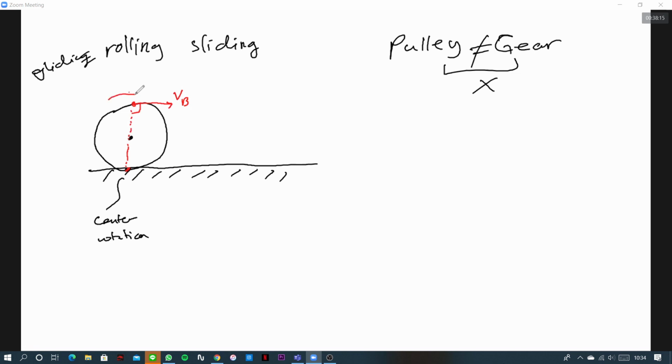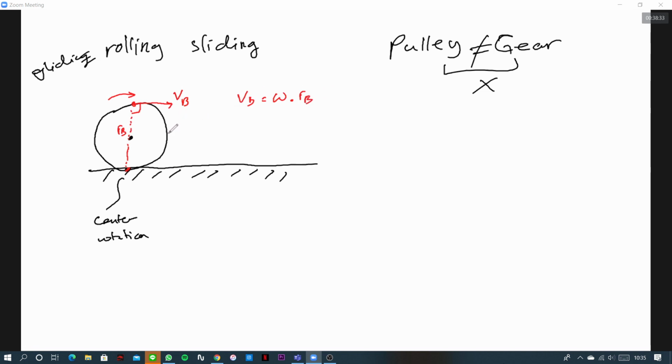If I know the omega, the angular velocity, then my VB is simply my omega times this length. Let's call this RB. This is correct.